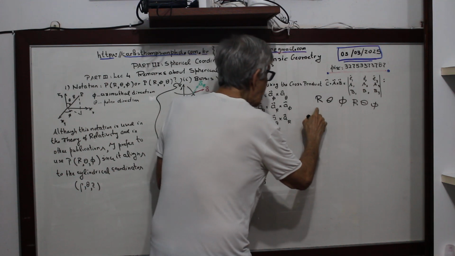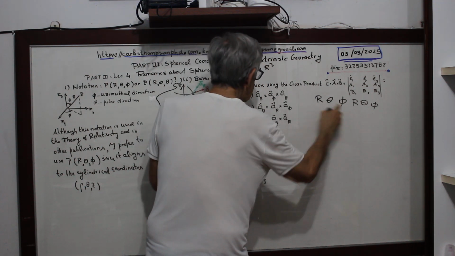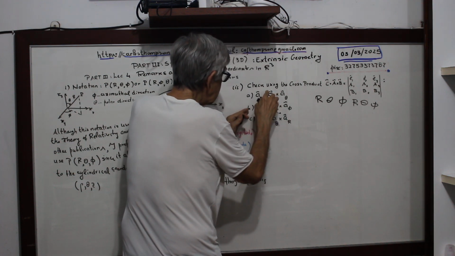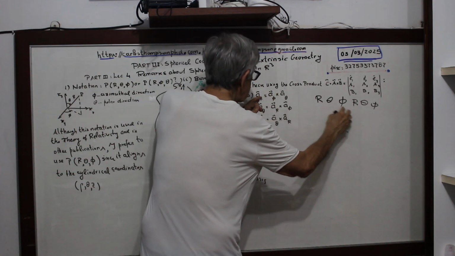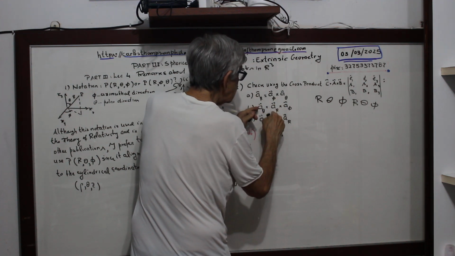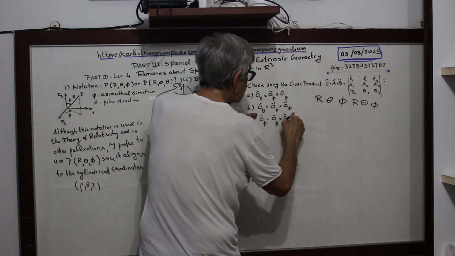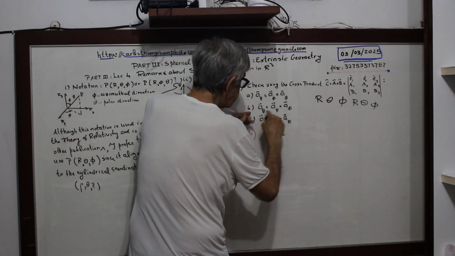After r comes theta. After theta comes phi. So you look here and you write: after r is theta, after phi is r, and after theta is phi. Just look here.